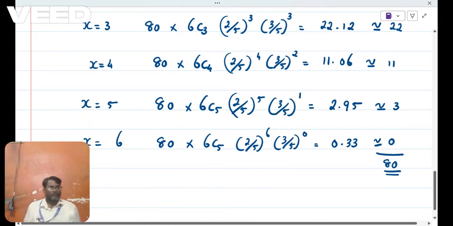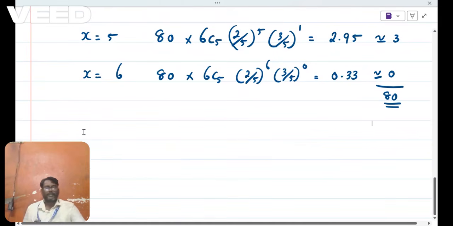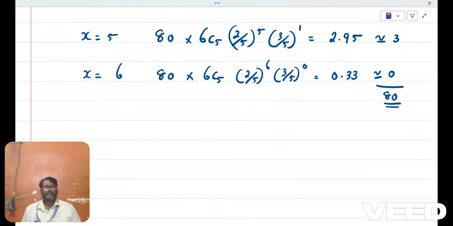Now the values of x will be 0, 1, 2, 3, 4, 5, 6, and the given frequencies are called observed frequencies.